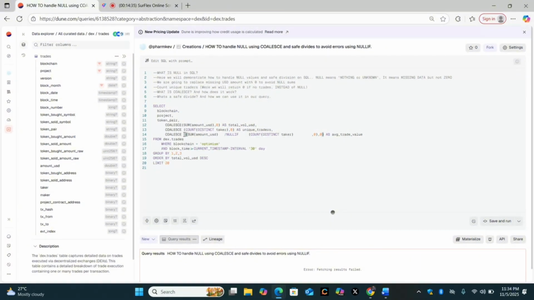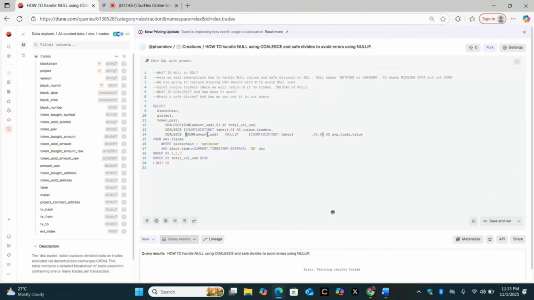I just want to break it apart to explain it one by one. So here, if you can see, this is this. Then count this thing, takers, this is it. So literally, this and this are just functions.